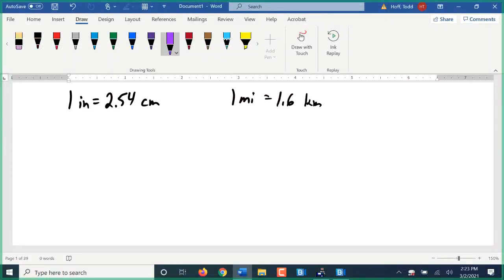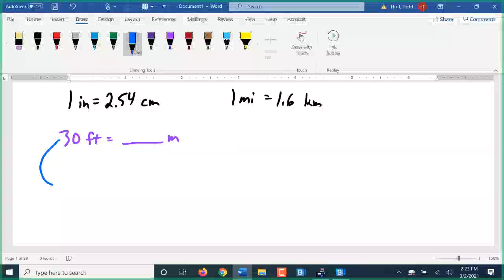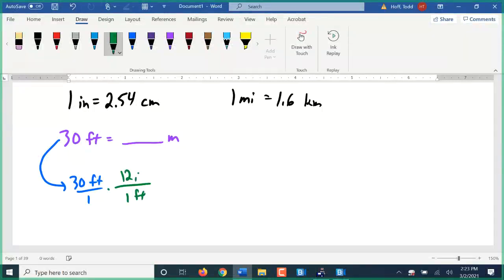For example, if I want to convert 30 feet into meters, well, I can convert my 30 feet into inches, giving me 360 inches.